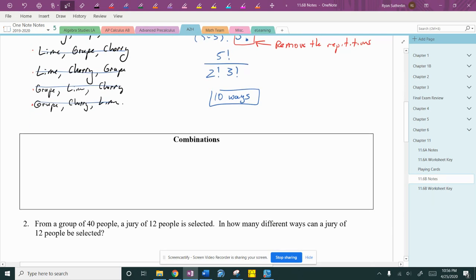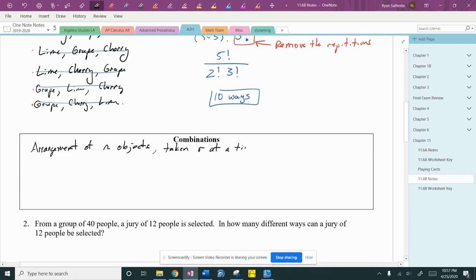So a combination is an arrangement of n objects taken r at a time.